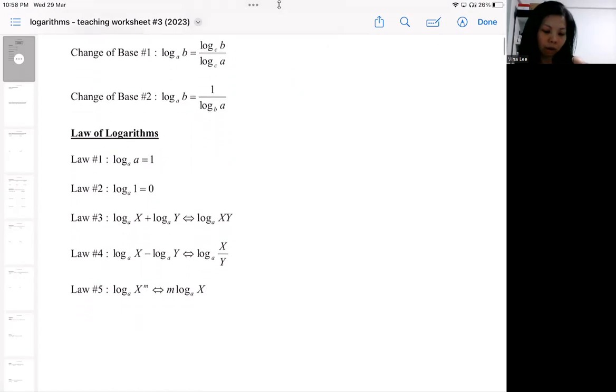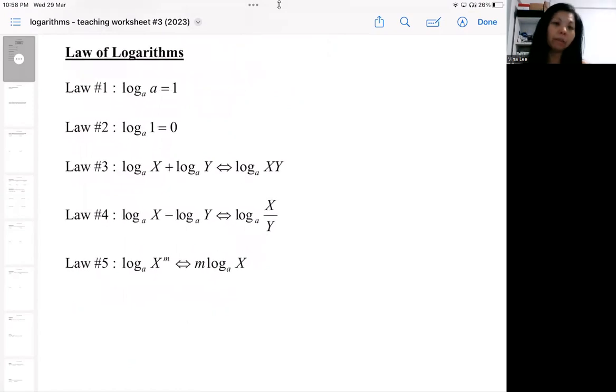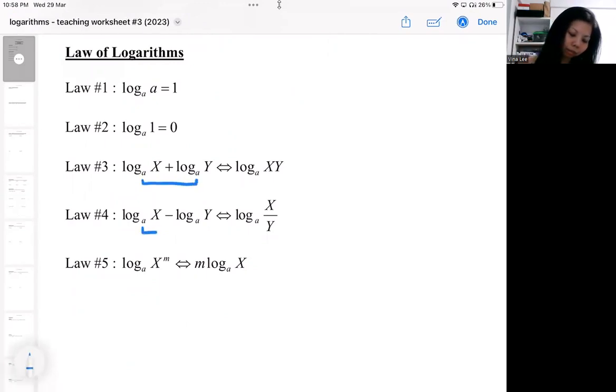If you still recall, when I was going through the laws of logarithm, the condition for the laws to work is the same base. So the condition for law number 3 and law number 4 to work must be the same base, and the coefficient must be a 1.